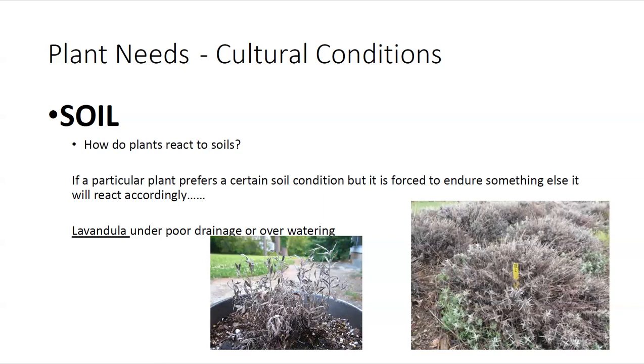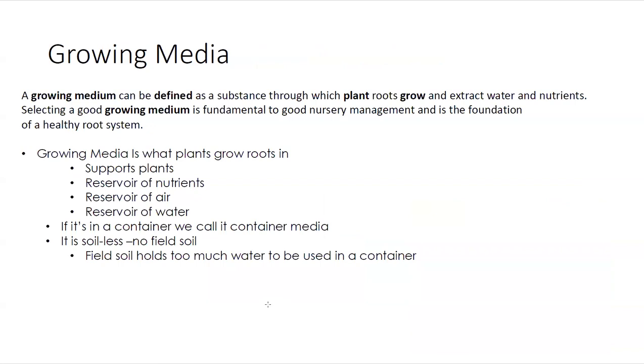Now, how do we deal with that in the rest of the horticultural world? Well, the rest of the horticultural world is primarily involved with growing plants. And again, whether that is for house plants or retail wholesale nurseries or food or whatever it is, what we do is we use a growing media or growing medium.